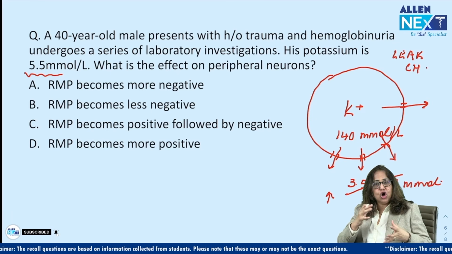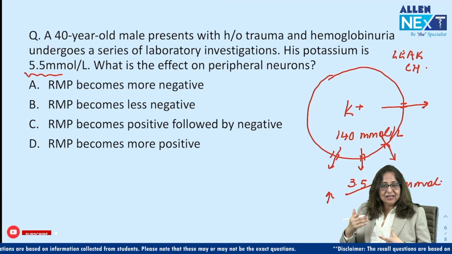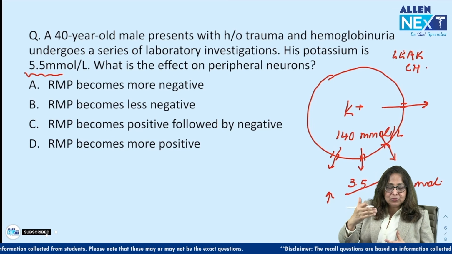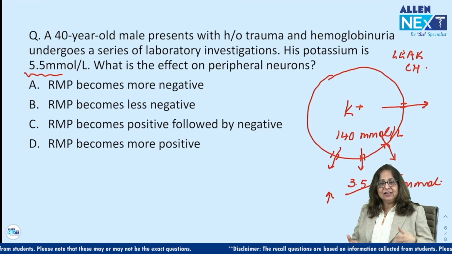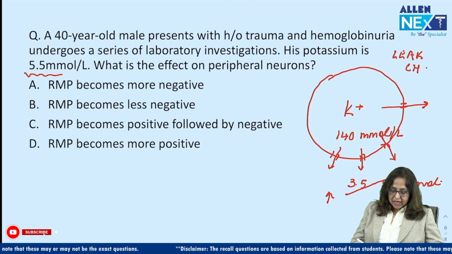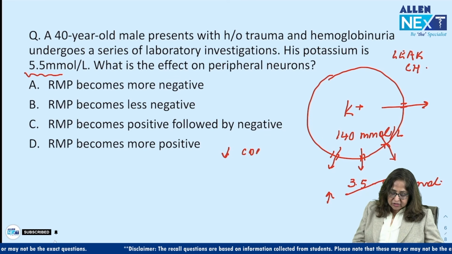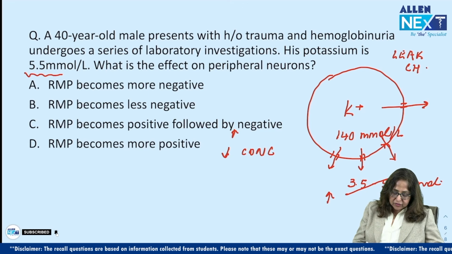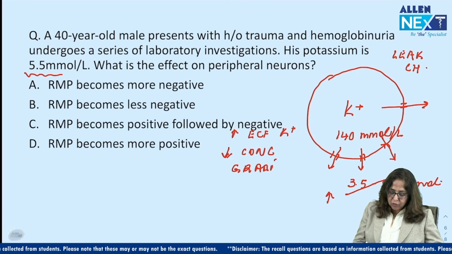What will happen to the concentration gradient for potassium between inside and outside the cell? It decreases. An increase in ECF potassium decreases the concentration gradient for potassium.